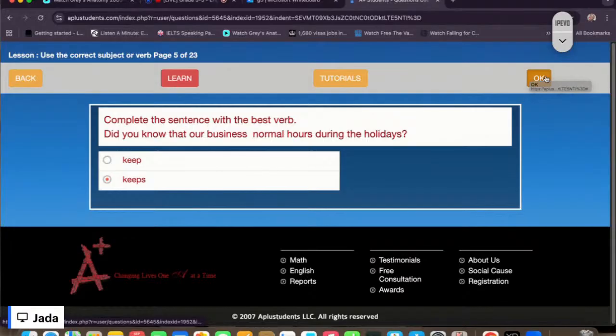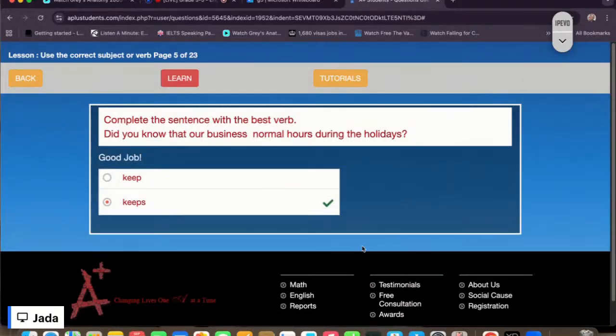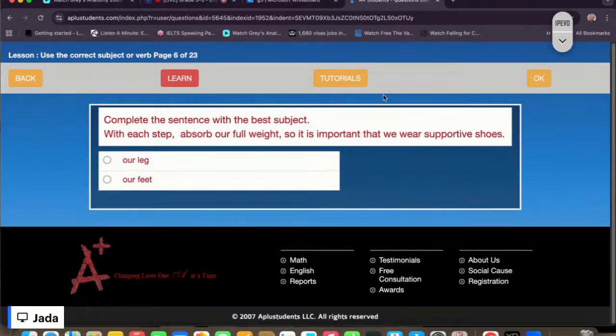So we have keeps. So next up we have with each step absorb our full weight. So it is important that we wear supportive shoes. Is it our leg or our feet?